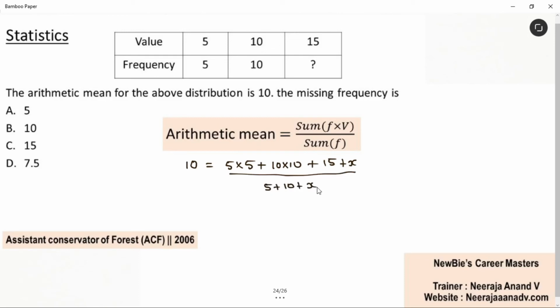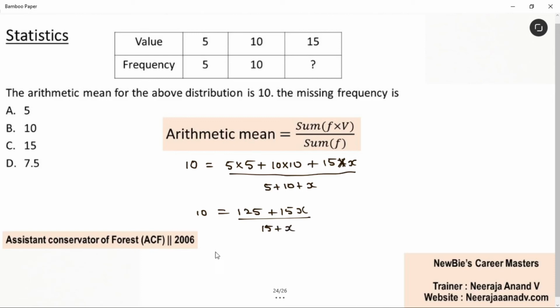Simple. Just solve for x, get the answer. Okay, this is multiplication. Yes. Now, what is this value? 25, and this value is 100, total 125 plus 15x divided by 15 plus x.